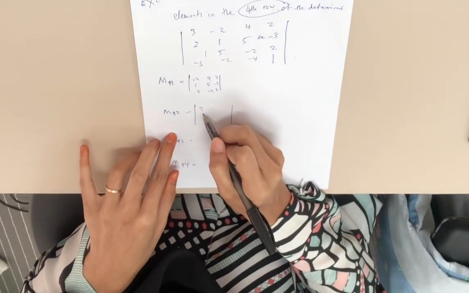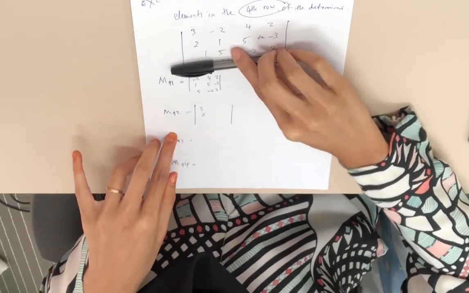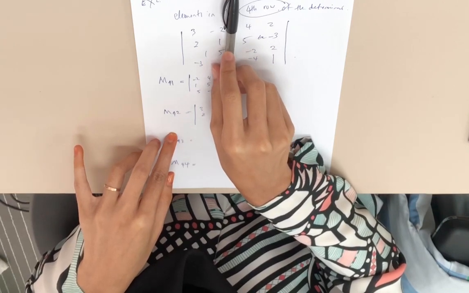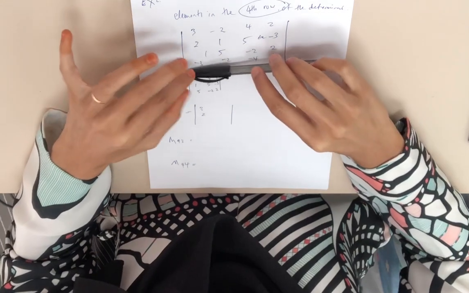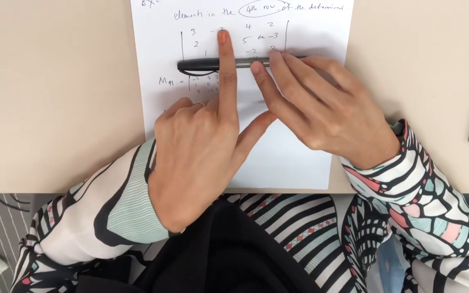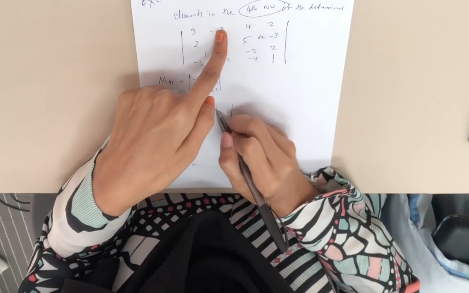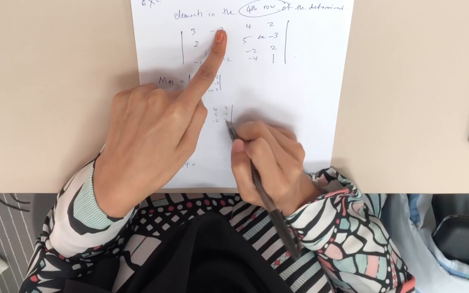So M42 is 3, 2, 1, 4, 5, negative 2, 2, negative 3, 2, right?